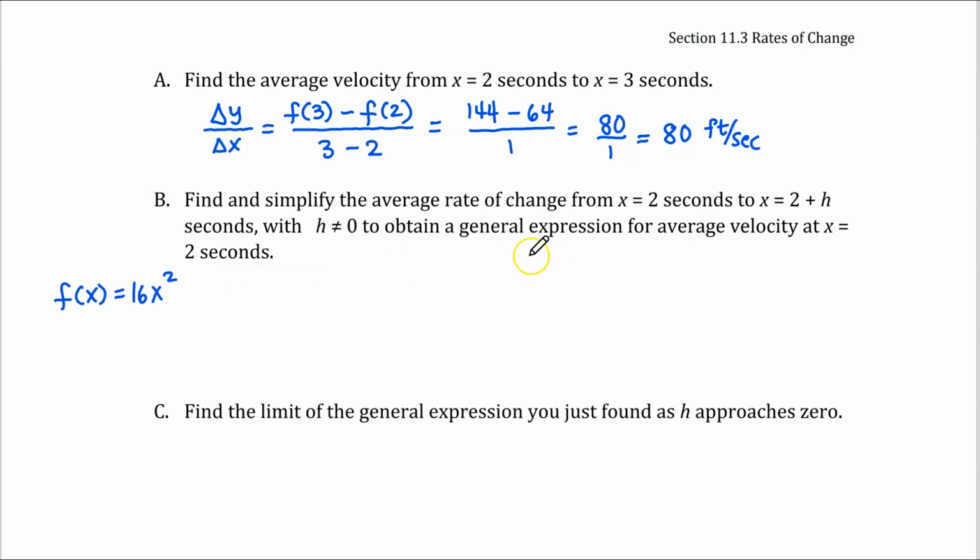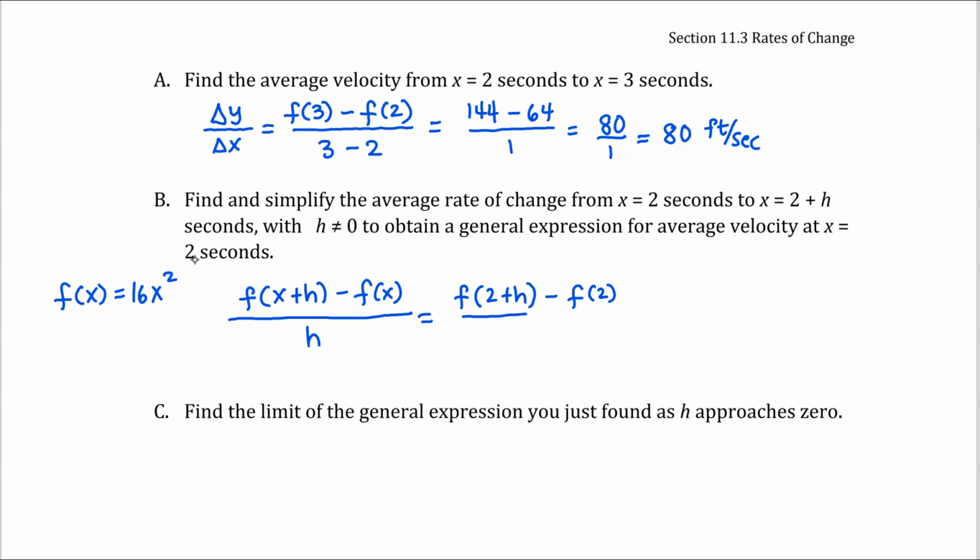To get the general expression for the average rate of change, we follow the formula f of x plus h minus f of x divided by h. So our x here is 2 seconds. So we do f of 2 plus h minus f of 2 divided by h.